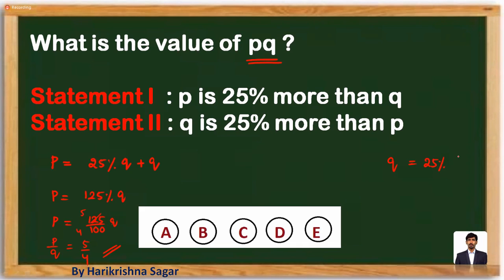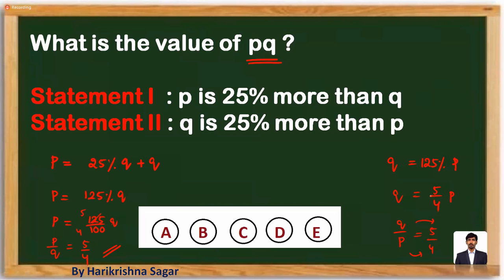Look at the second statement: Q is 25 percentage more than P. That means Q is equal to 125 percentage of P, which is 5 by 4 of P. So Q by P is equal to 5 by 4. Here also I cannot say, because I am only able to see the ratio. A ratio of 5 by 4 means it can be 5 or 10 or 15, or any other number. So we cannot predict the answer exactly from this.